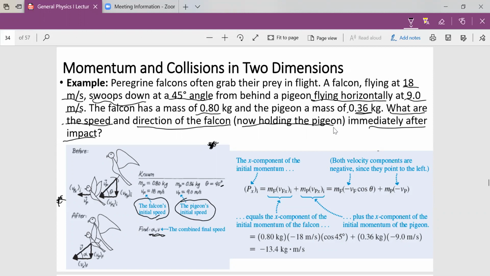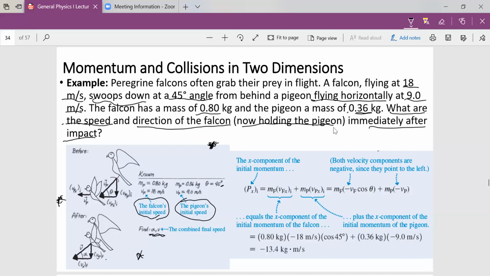After impact, we represent the angle with alpha, and then we have the final velocity for the x component and y component and the resultant velocity. Now let's bring out the component expression. We have seen from this description that it is a motion that is not just in one plane, especially that of the falcon. It is the motion of the falcon that brought the idea of 2 dimensions into this question. The pigeon was moving on one plane, the horizontal x plane.